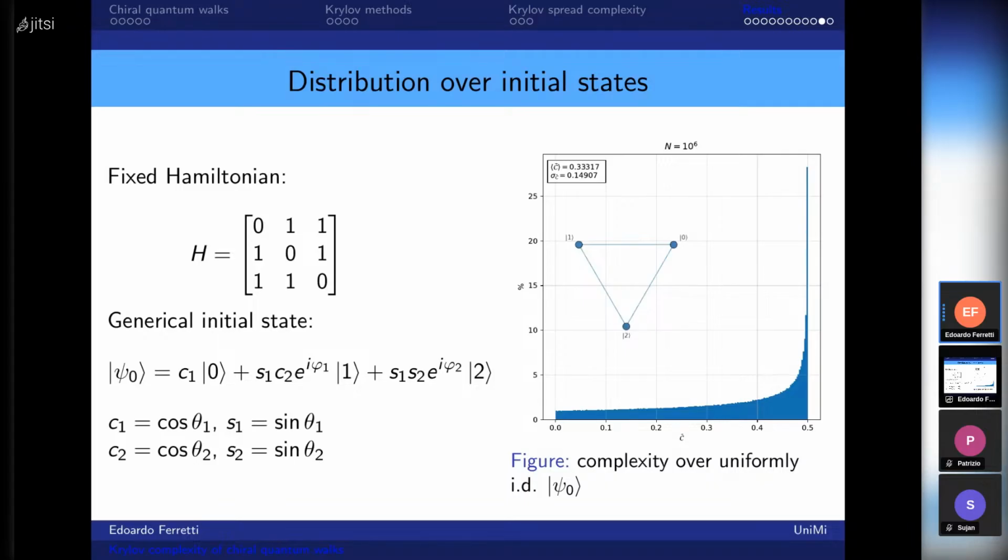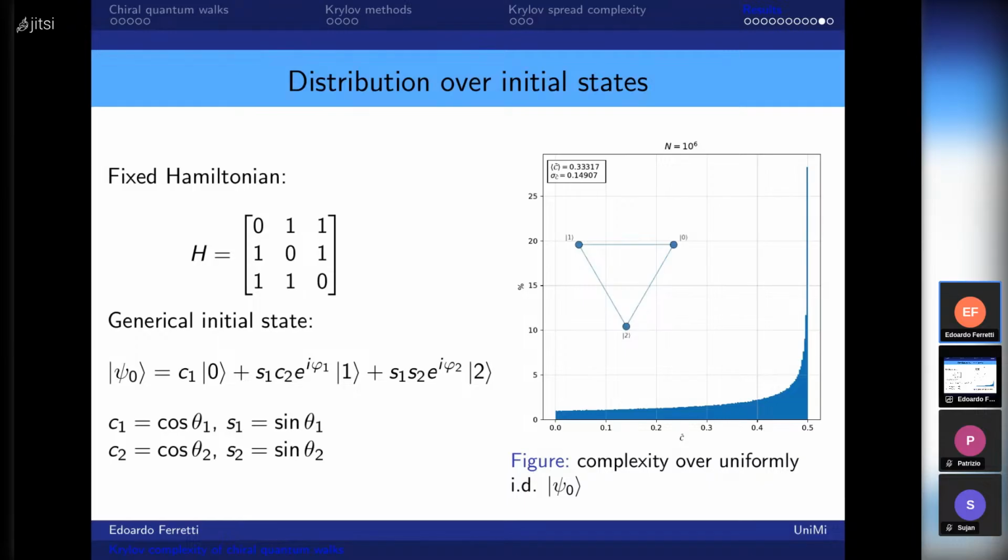So if we would ask, is it sensible to ask for the average complexity of a Hamiltonian? My gut feeling is that the answer is no. It's not very informative as a number, as a quantity.